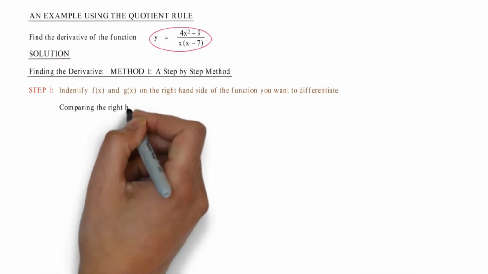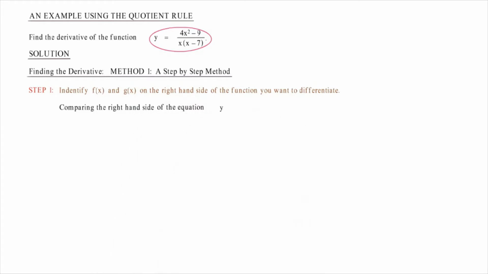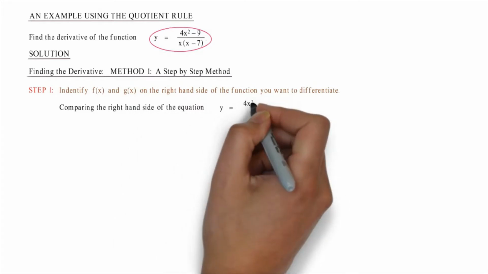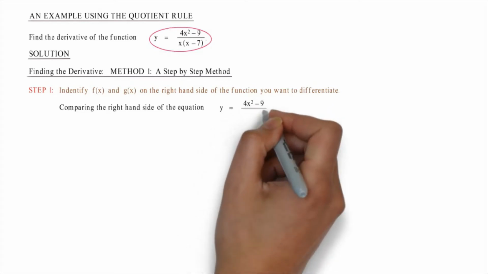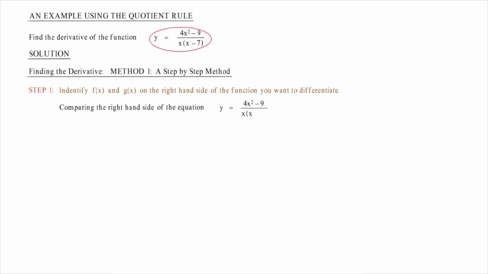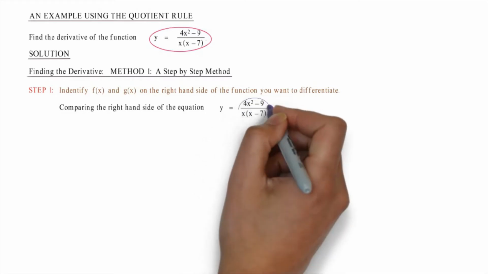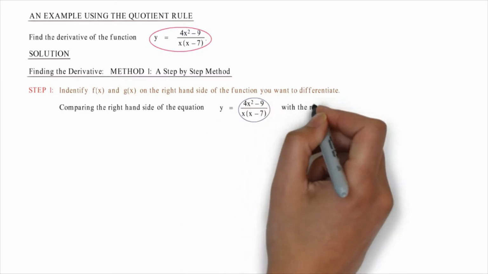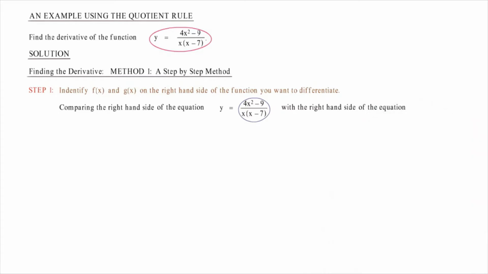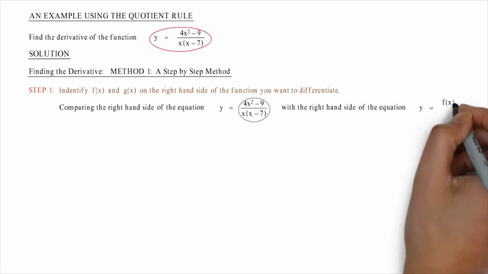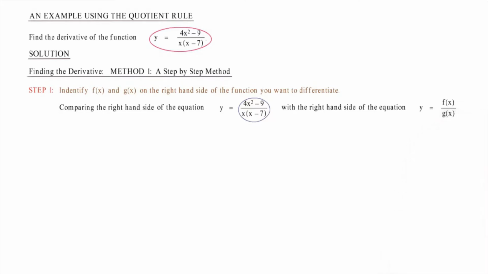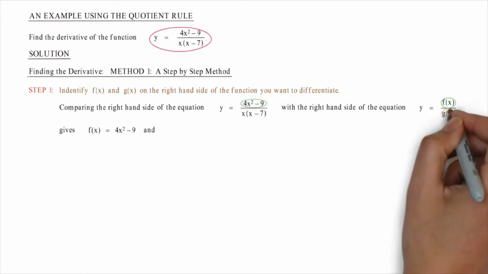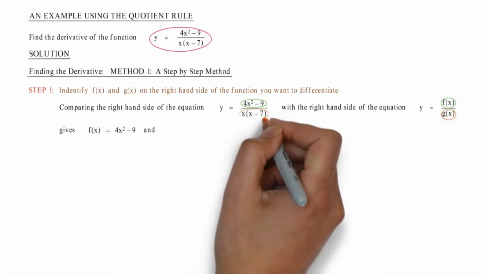Comparing the right-hand side of the equation y equals (4x squared minus 9) divided by x(x minus 7) with the right-hand side of the equation y equals f(x) divided by g(x) gives f(x) equals 4x squared minus 9 and g(x) equals x(x minus 7).